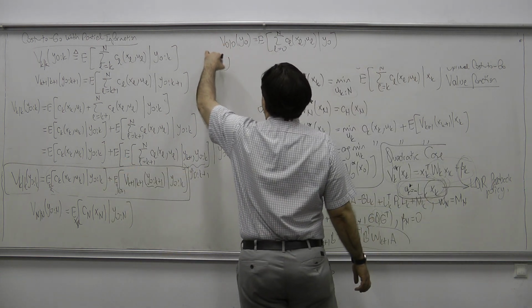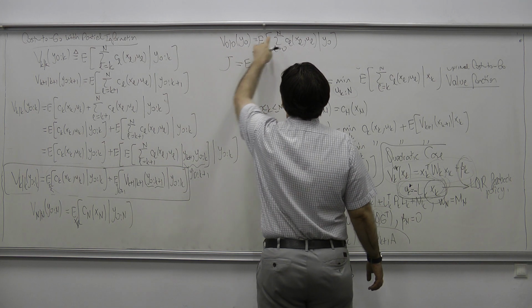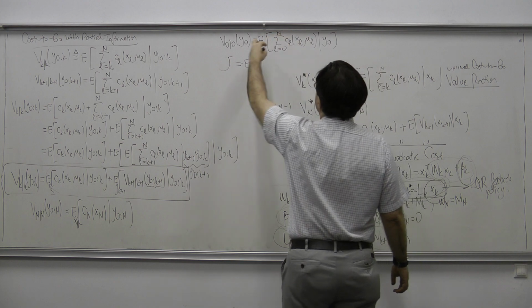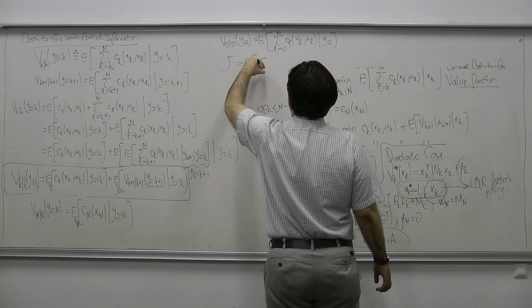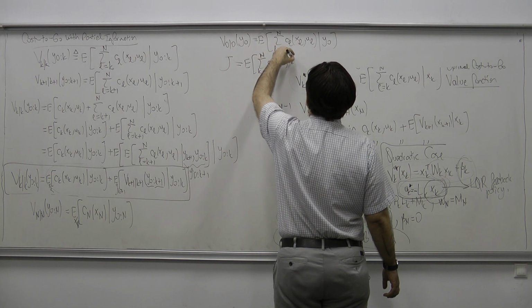And what is our cost? Our cost is the expected value of only this summation, K from 0 to n, C_K(X_K, U_K).